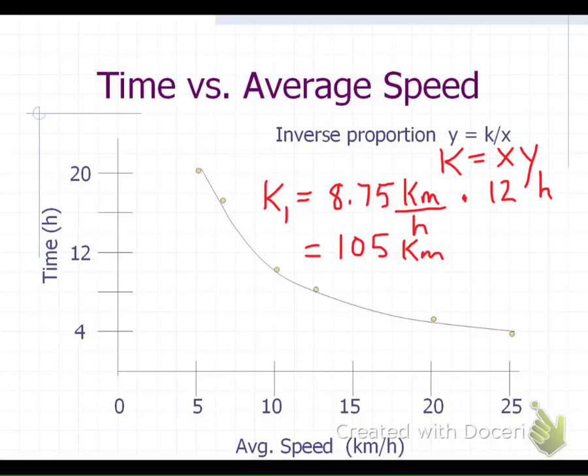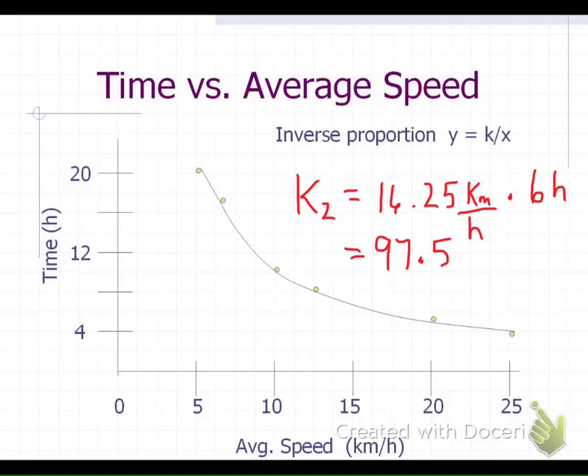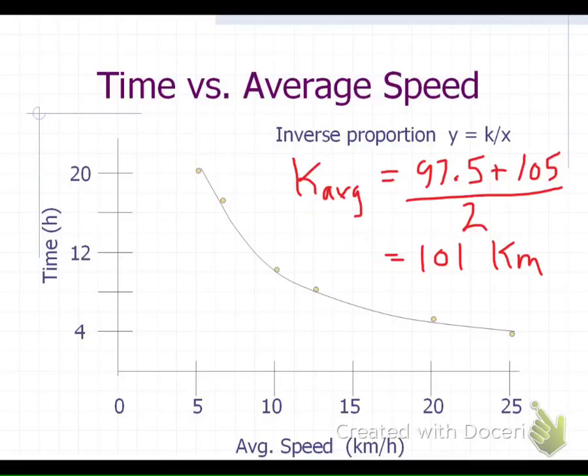Similarly, taking our second point, 16.25 and 6 as our coordinates, plugging those in for k equals x times y, I would get 97.5 kilometers. I'm going to take the average of those two numbers, and I get 101 kilometers.